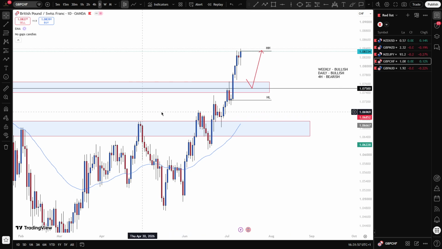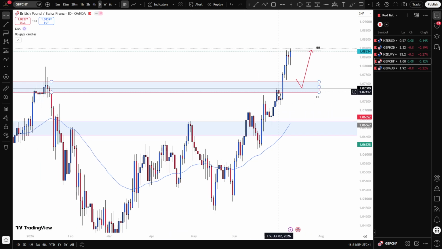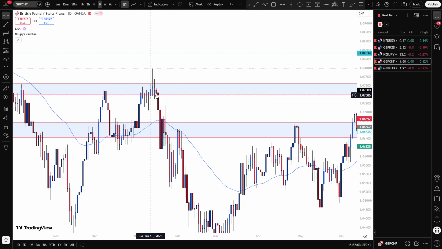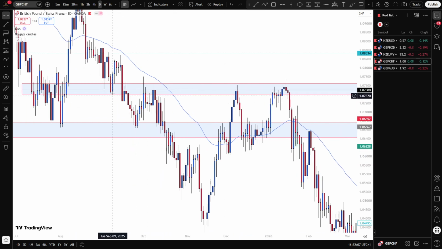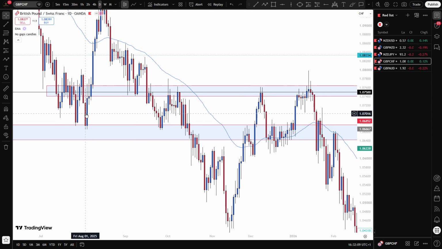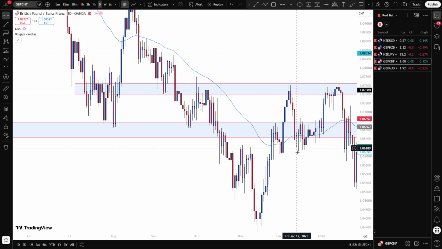If we check to the left hand side, whenever we are under, it served as resistance. When price broke above, came back, it served as support and took it to the upside. So this place is also resistance.